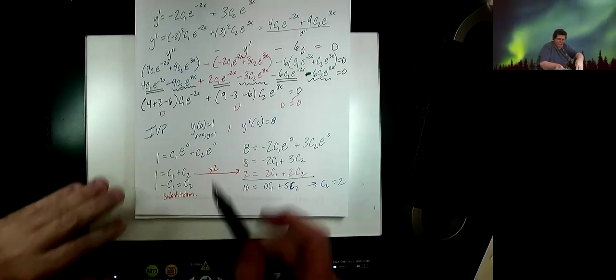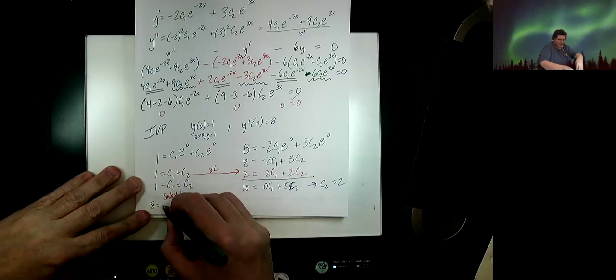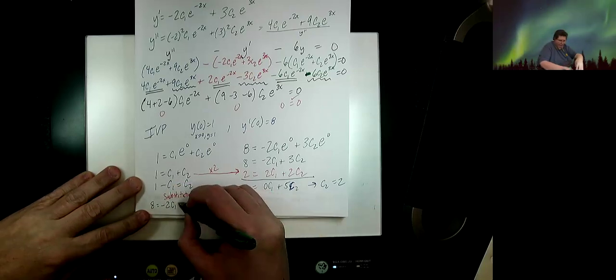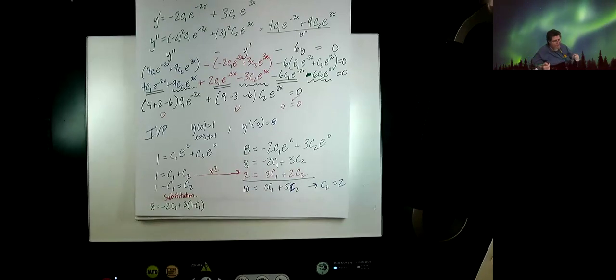If you had done substitution, you would have 8 equals negative 2c1 plus 3 times 1 minus c1. And you would have found c1 first, but we're going to find c1 real quick.